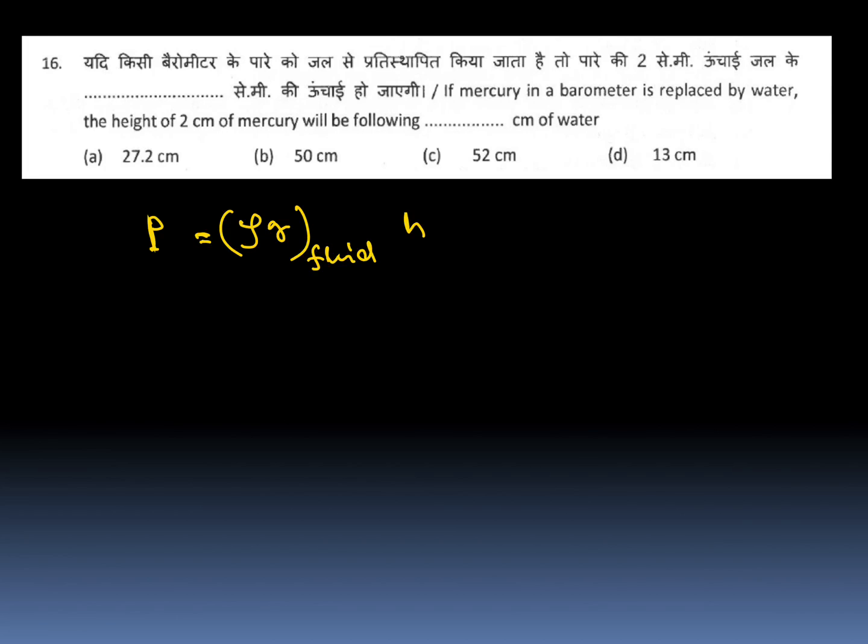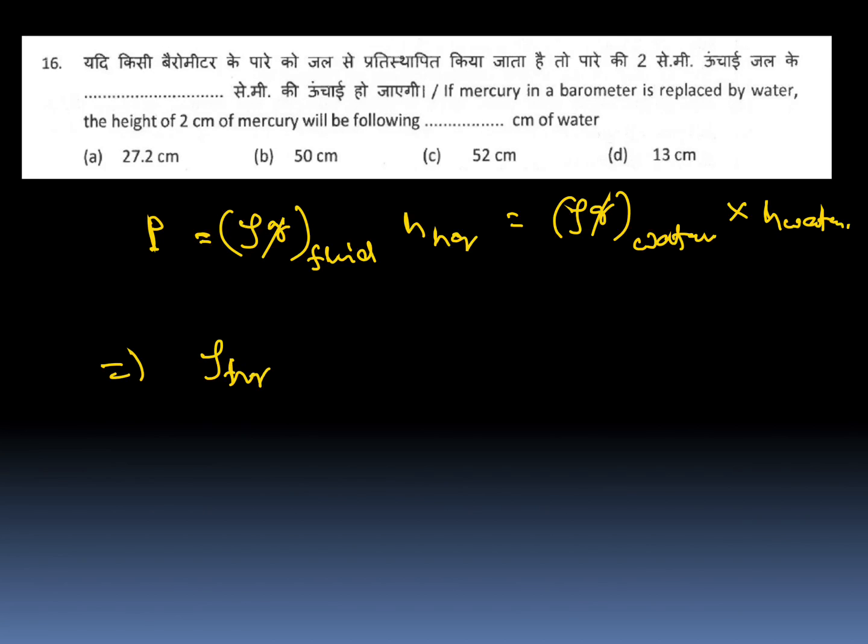Height in Hg term is given, so if you convert it in water term, it's height of water. So G same cancels. Rho of Hg into height of Hg column equals rho of water into height of water column. We have to calculate H water.